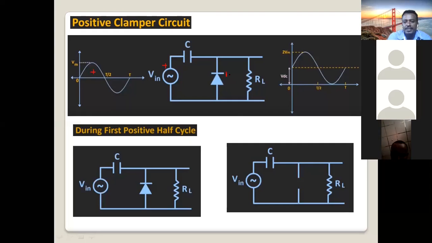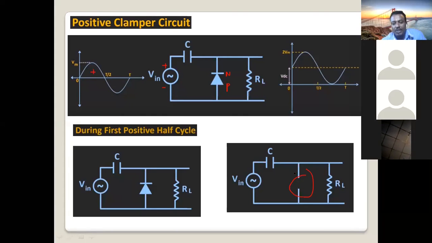This is N side, this is P side, right? Reverse biased or forward biased? Positive with N side. It will be reverse biased. Reverse biased means the diode is off.